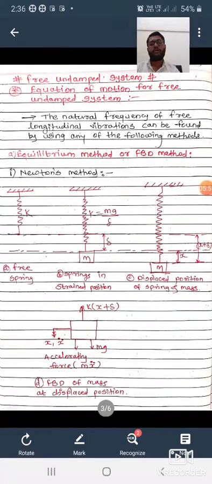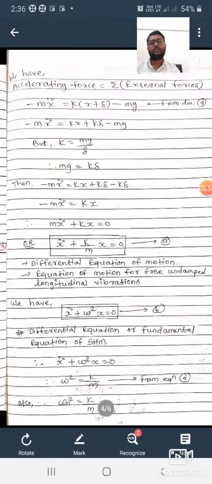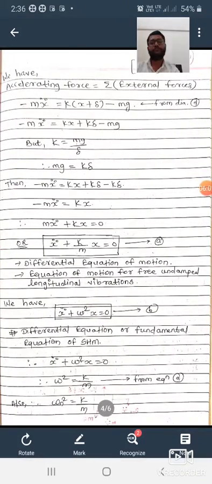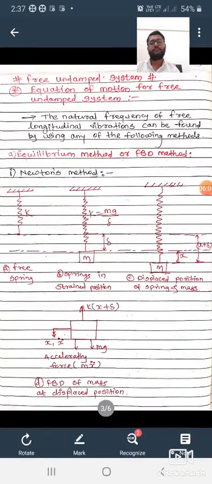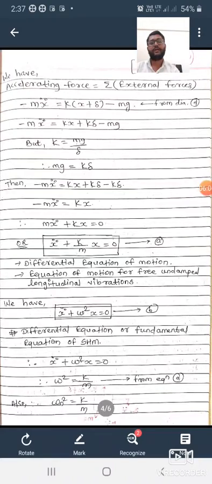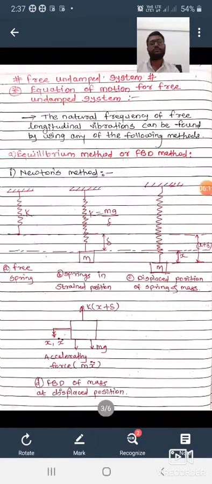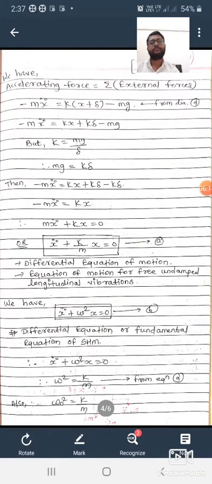For the downward force in the FBD, the sign is taken as negative, that is equal to k into x plus delta minus mg, because it is downward, so that's why we take the sign as negative. So minus m x double dot equal to k x plus k delta minus mg.